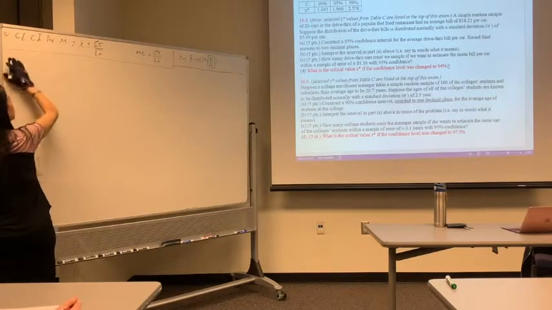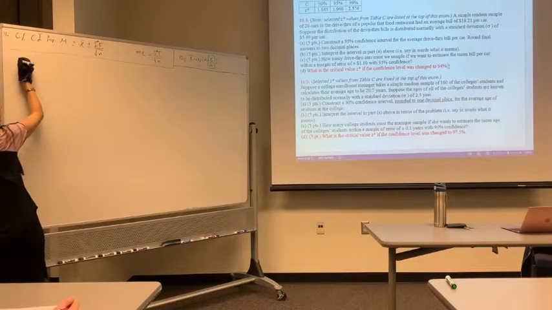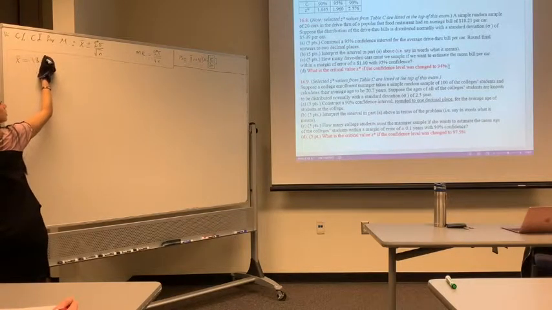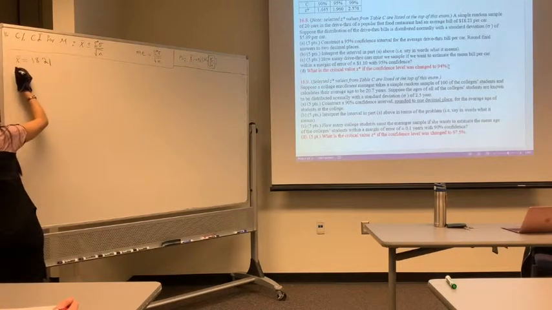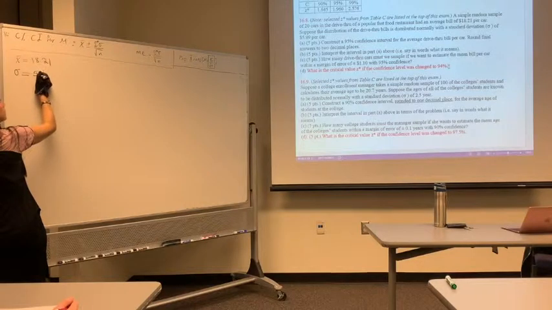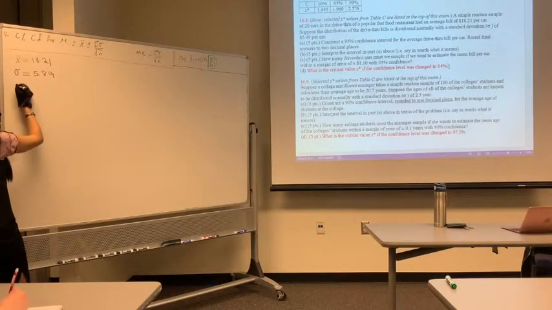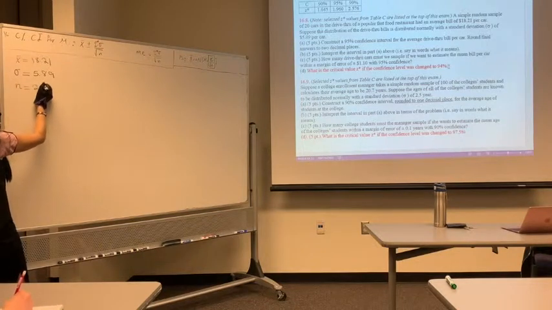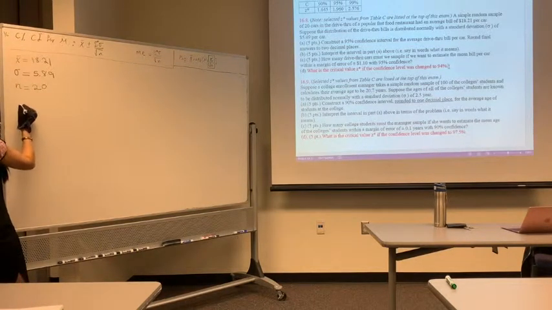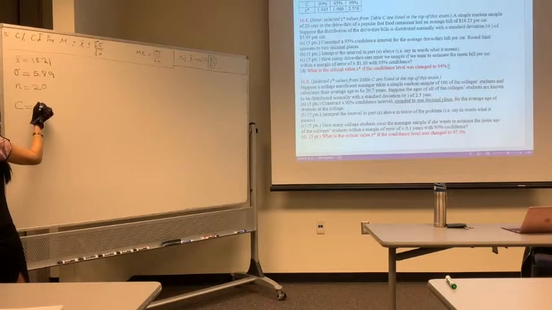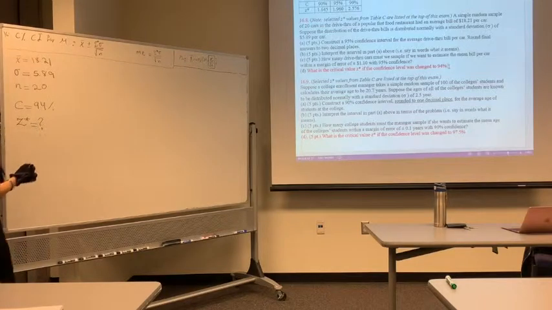Actually, let me write it down the way I wrote it for chapter 16. Okay, X bar is 18.21, sigma is 5.89, and do we have anything? Oh, N is 20, right? C is 94%. We want to know Z star for this C.